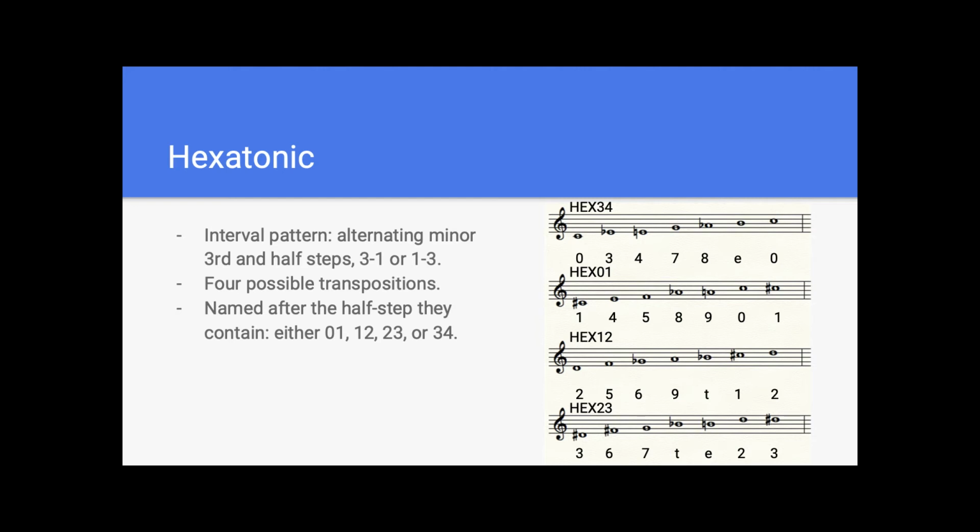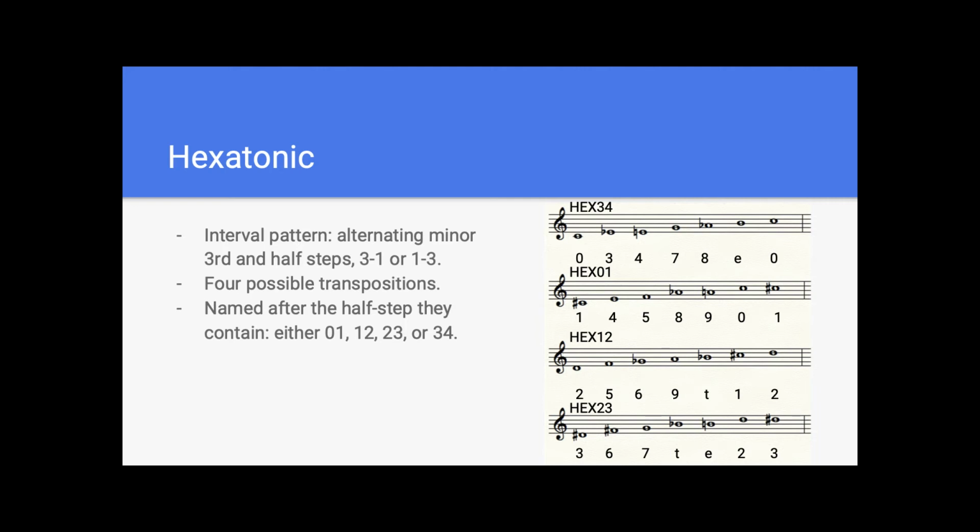1. Ready, and sing: 1, 4, 5, 8, 9, 0, 1. Next up, hex 1-2, starting on 2. Ready?